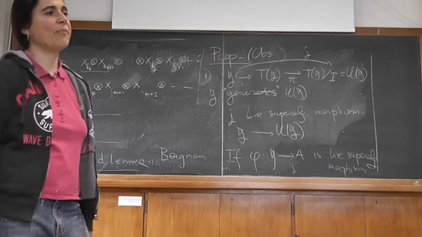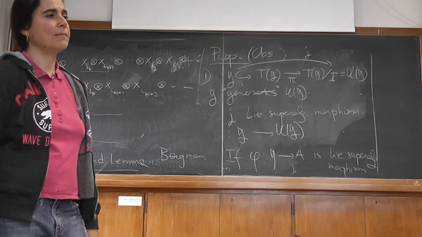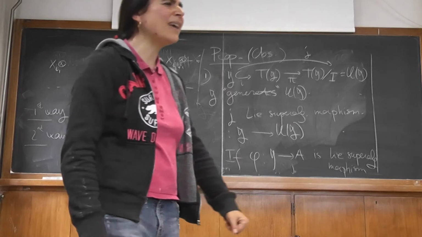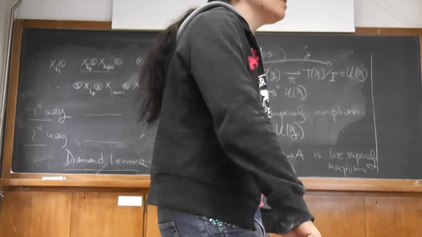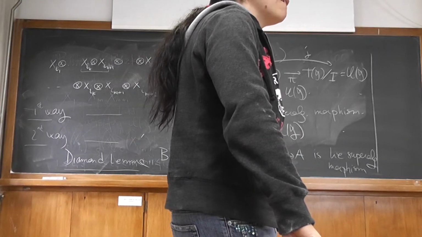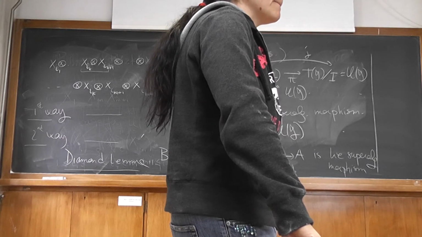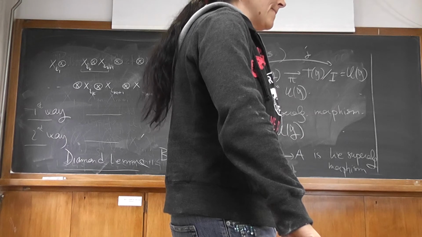I'm sorry, very boring. In this proof, you are using implicitly the Matsumoto word theorem. What? The word theorem. What is it? Because you have a permutation of the elements, and you want to put them in the right order.